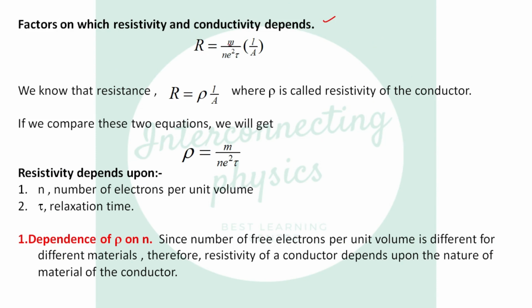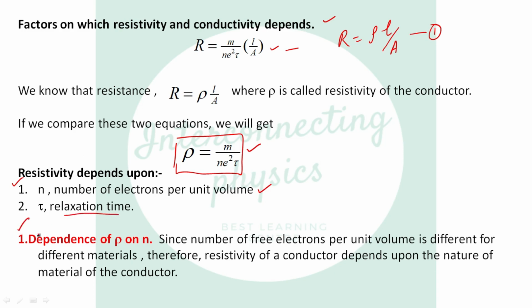We know that R equal to rho L over A. If we compare this equation with this equation, we get rho equal to m divided by ne square tau. Now resistivity depends upon, number one, the number of electrons per unit volume, and number two, the relaxation time.